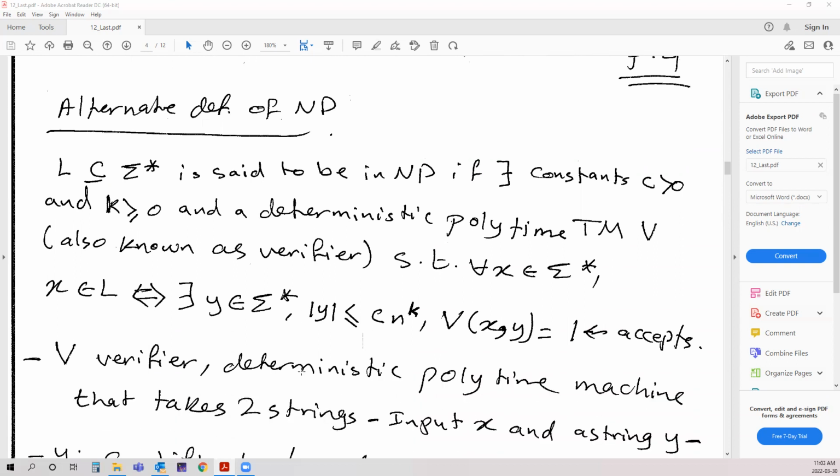Alternative definition of NP. Assume that we have a language L, which belongs to sigma star for a certain alphabet.